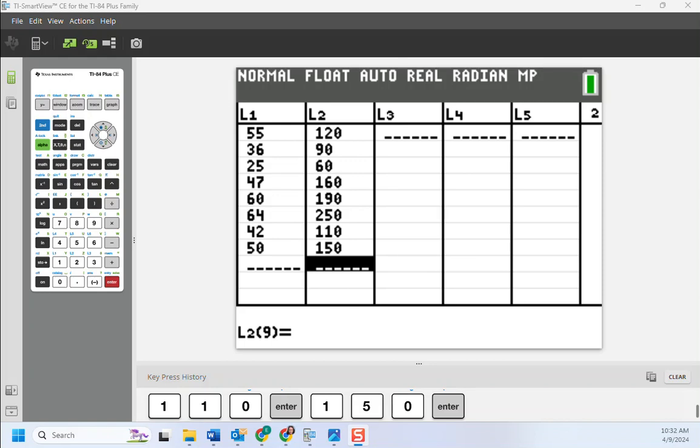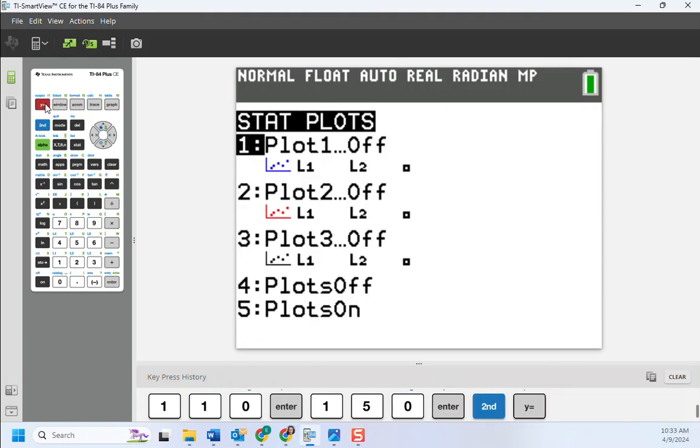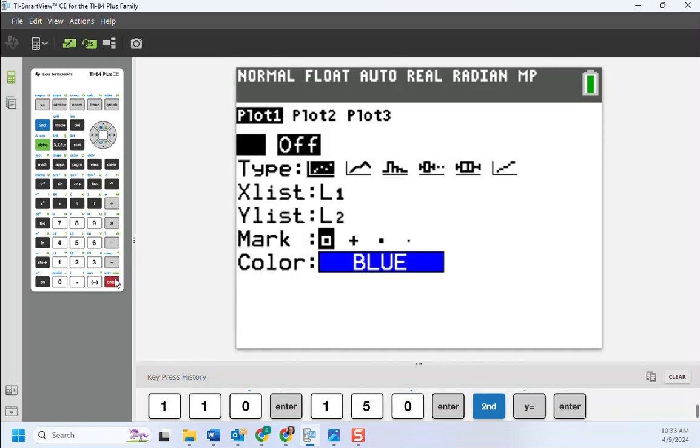All right, in order to see the points for the graph, we need to turn them on in stat plot. Stat plot is up here above the y equals, so press second and then y equals. And we want to turn the plots on for list 1 and list 2. So we're just going to turn on this first one. So press enter and press on.